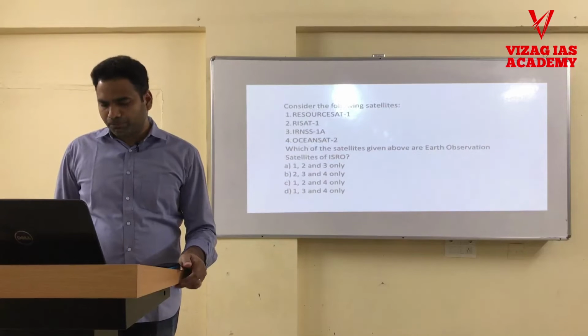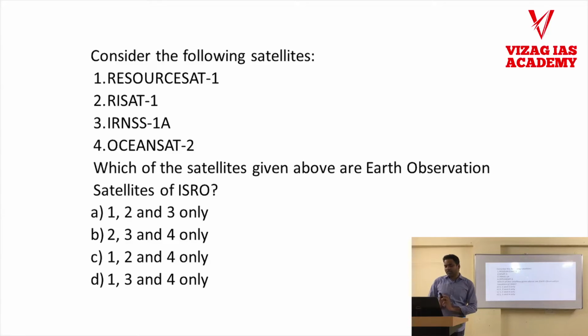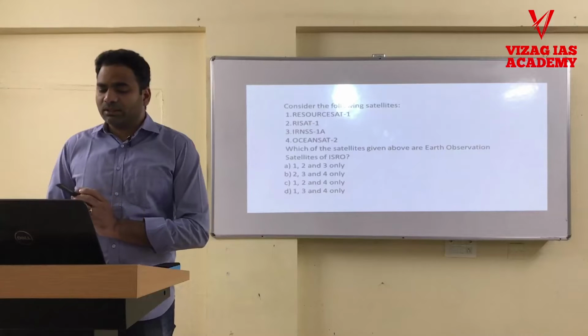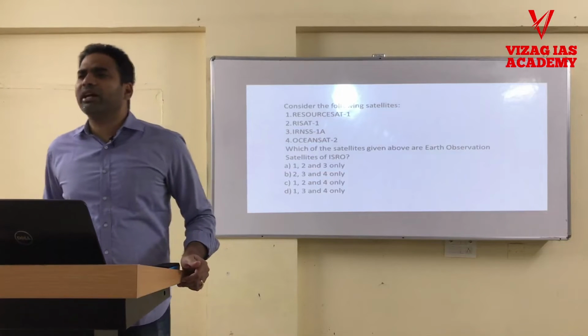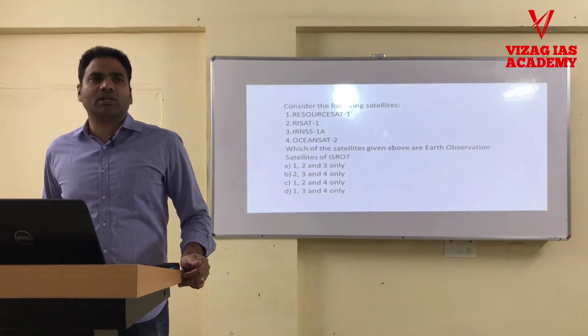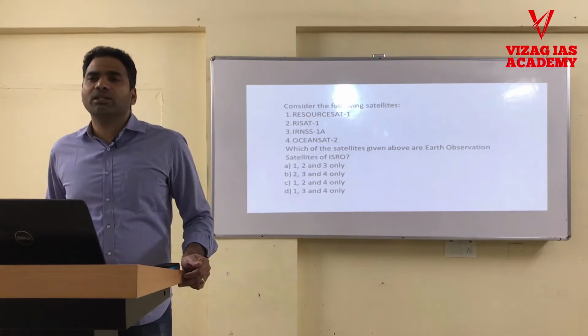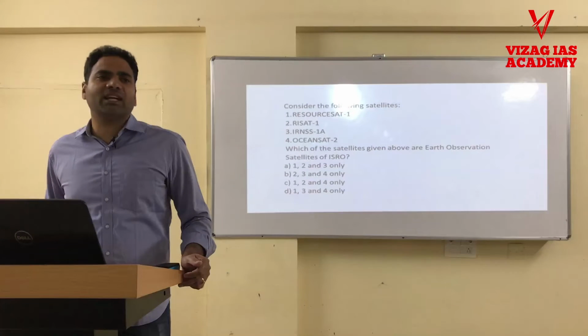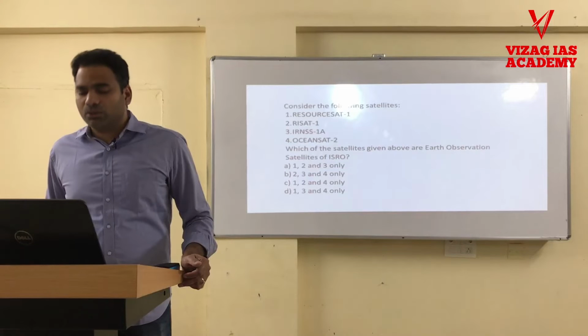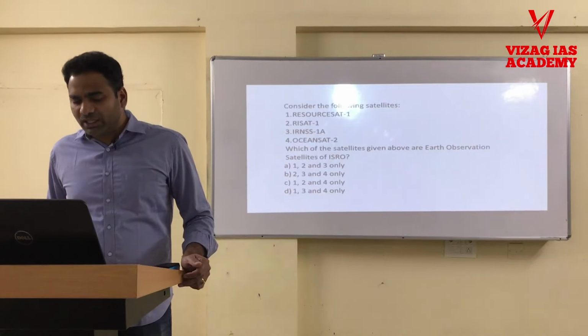Next question. Consider the following statements. Which of the satellites given above are Earth observation satellites of ISRO? You can eliminate this directly, because looking at IRNSS-1I and IRNSS-1A, you know that it's a navigation satellite. Once you remove 3, you get the answer.